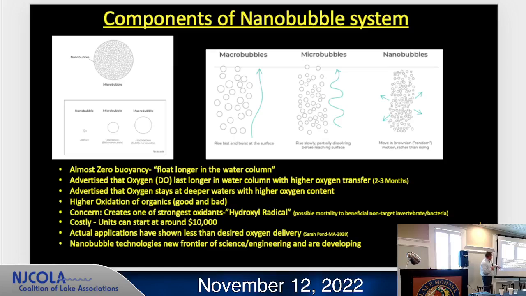This is actually a paper. If you look up Sarah Pond in Massachusetts, Ken did all the consulting on it. They put a system in there, and it didn't deliver what they were trying to deliver. In the end, it did send oxygen in there, but it didn't do what it was really supposed to do. So again, this technology is developing. We can possibly rid ourselves of some of the secondary effects that we're concerned about.